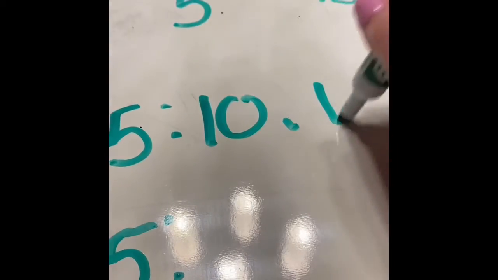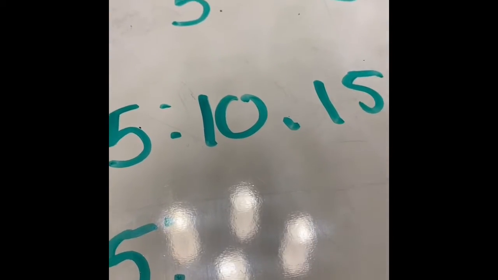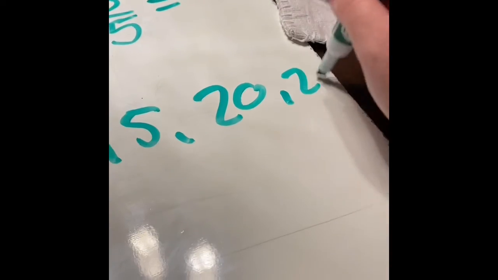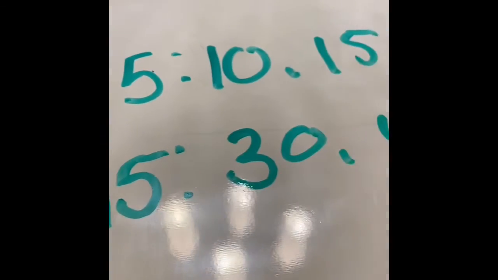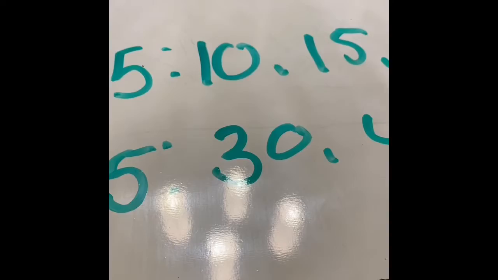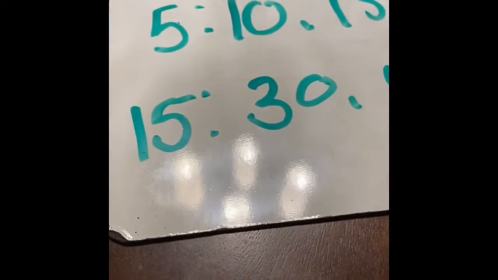The multiples of 5, it's like skip counting: 5, 10, 15, 20, 25. And I'm going to stop there. The multiples of 15 are 15, 30, 45, 60. And I'm going to stop there.